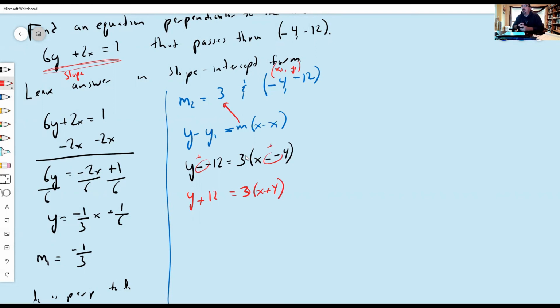That technically is equation of line. But again, we want slope intercept form, so I'm going to solve for y. Subtract 12 on both sides. Y equals 3x. Technically right here this is plus 0. You don't have to put plus 0, you can just say y equals 3x. And it should be understood that the y-intercept is 0, 0 now.